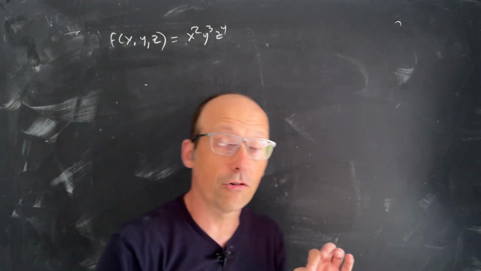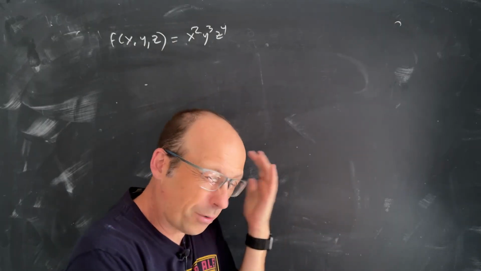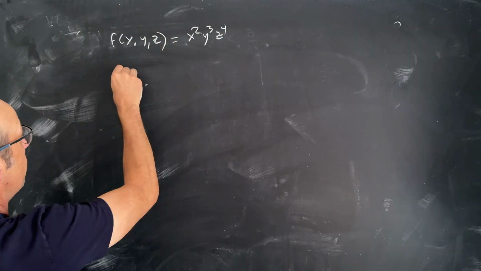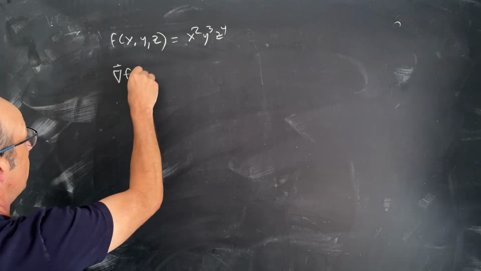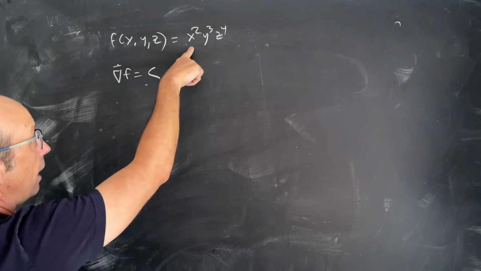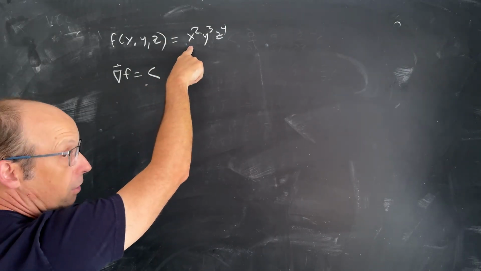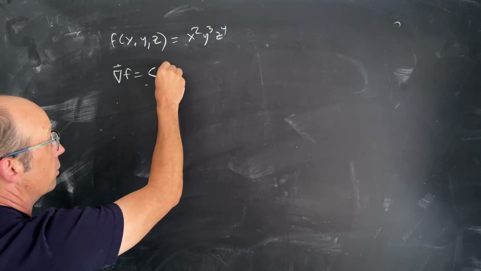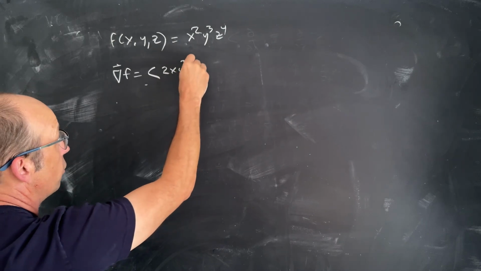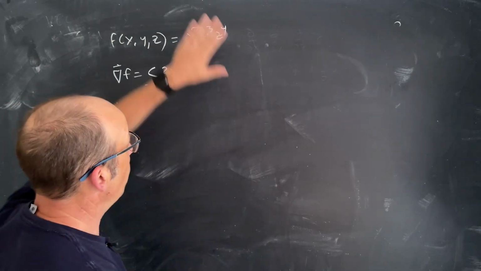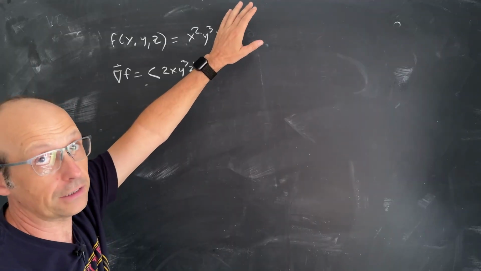Let's find the gradient, and then I'll tell you how to interpret it. The gradient of f is going to be equal to the vector. I take the partial of this with respect to x as my x component, which is just going to be 2x y cubed z to the 4th. Remember, when we take the partial, we treat the other variables as though they were constant.